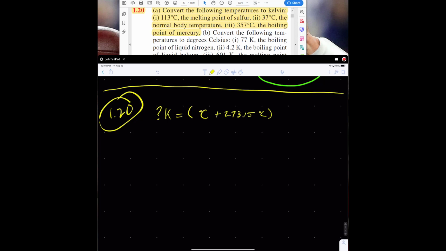We have that in brackets, and it's multiplied by 1 Kelvin over 1 degree Celsius, so that we can use that to cancel out the units. So we're going to use this.